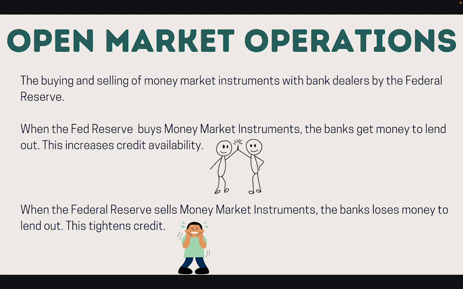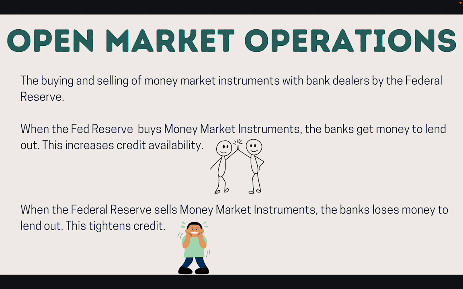So the Federal Reserve is in charge of making sure that we don't go into a crazy period of inflation and we don't go into a recession. So they control the amount of money the banks have to lend out. The way they do this is by either buying a money market instrument from the banks or selling money market instruments.